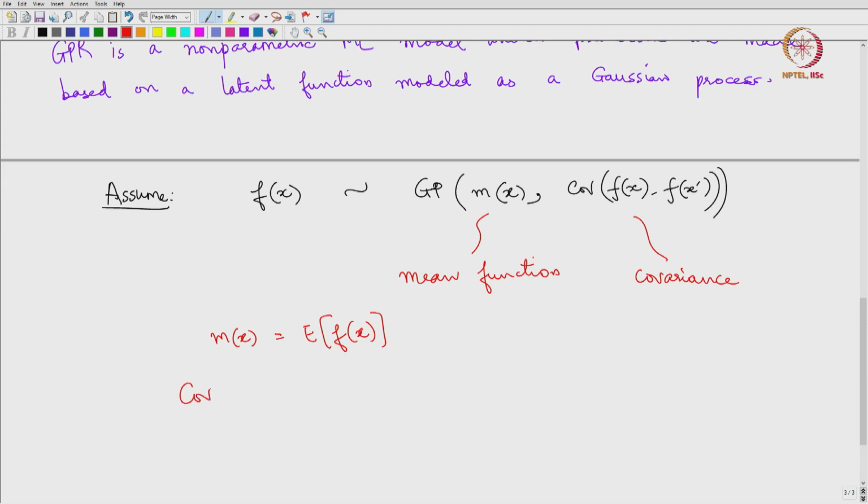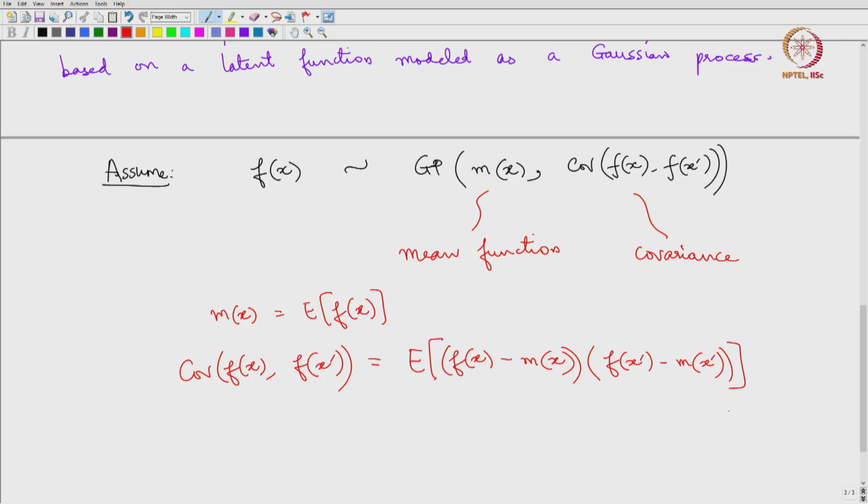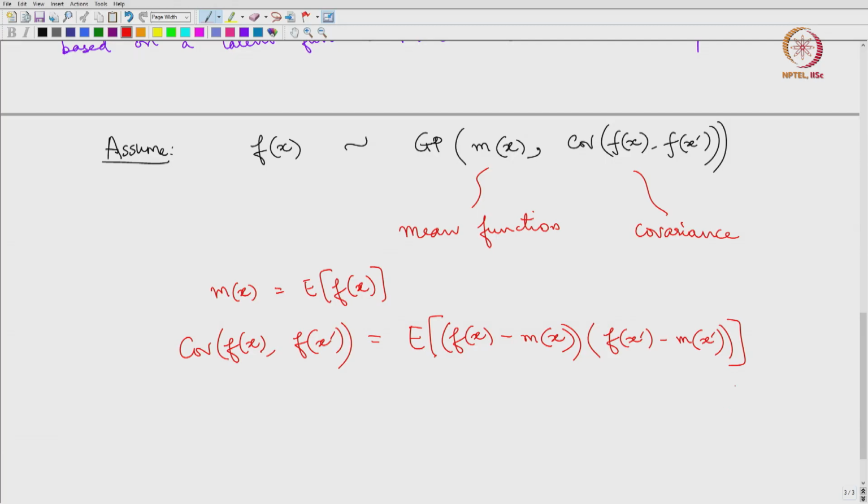So, this covariance between f of x and f of x dash, one data point and another, is, as you know, the expected value of f(x) minus the mean of f(x), times f(x dash) minus the mean of f(x dash). Okay. So, this is the covariance matrix, and this covariance matrix is approximated by a kernel function.